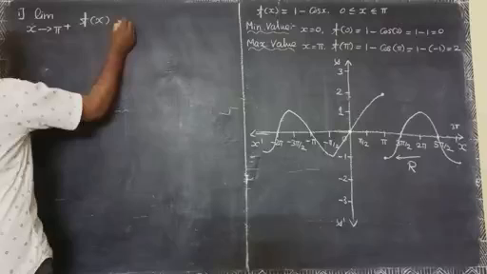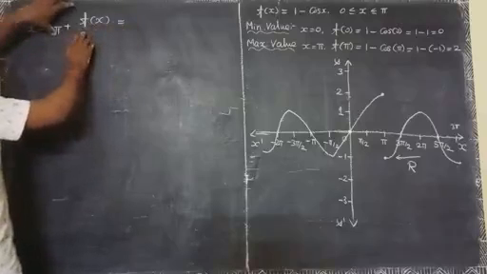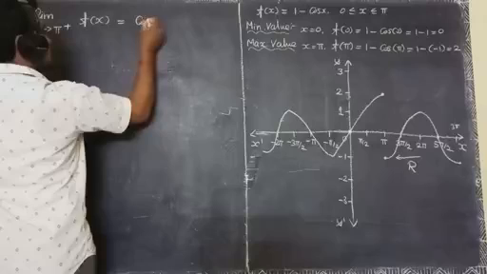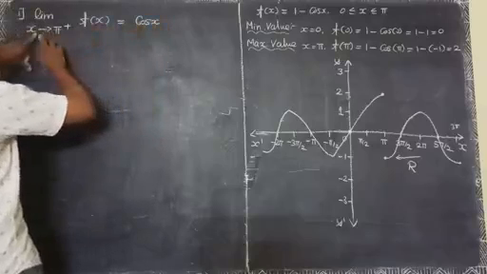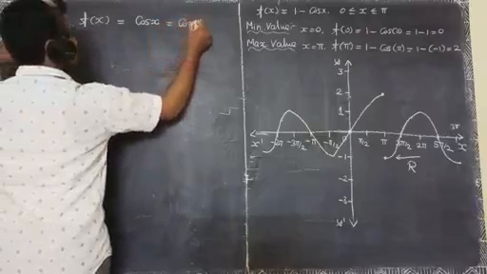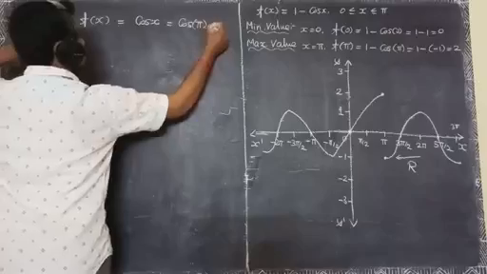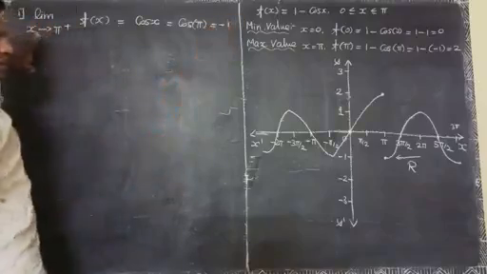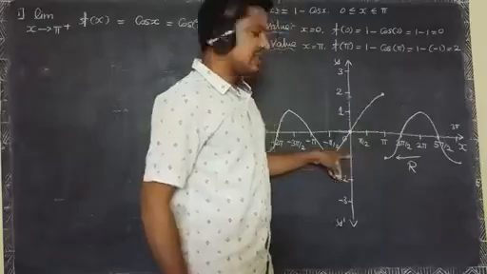Now choose the function cos x. Substitute x equal to pi into here, that is cos pi. The value of cos pi is minus 1.